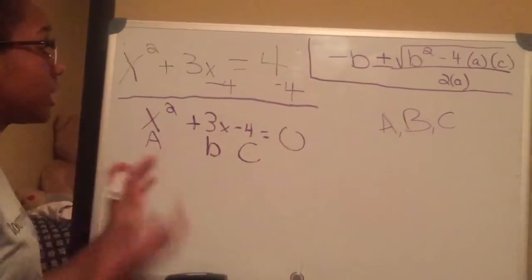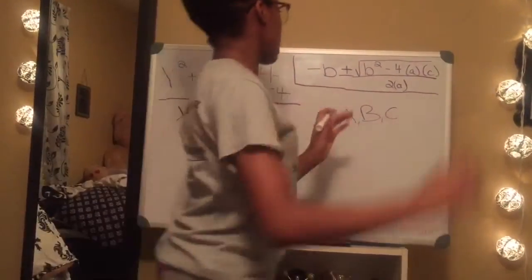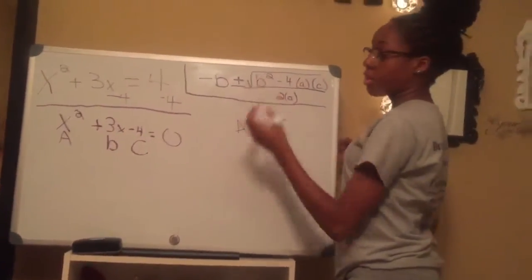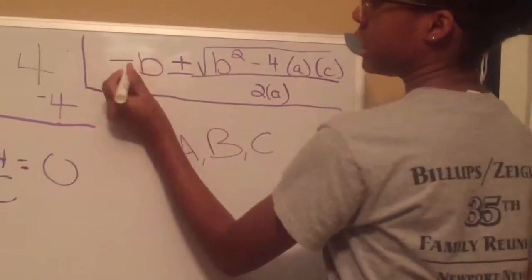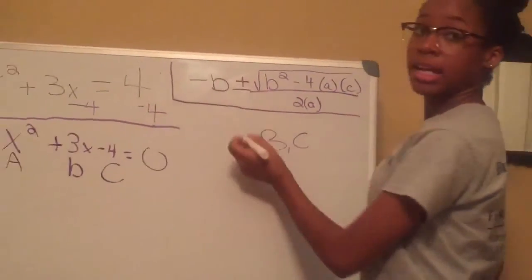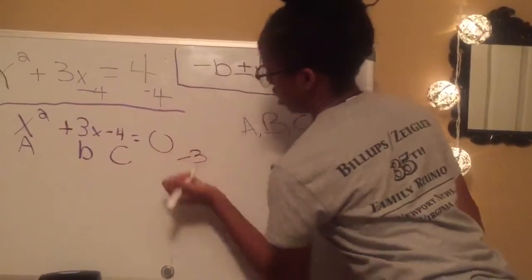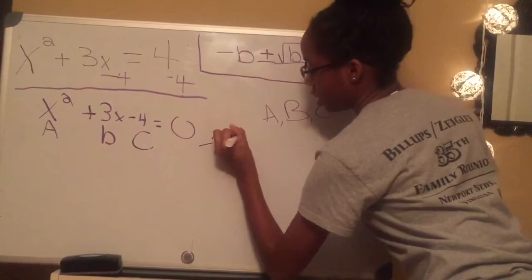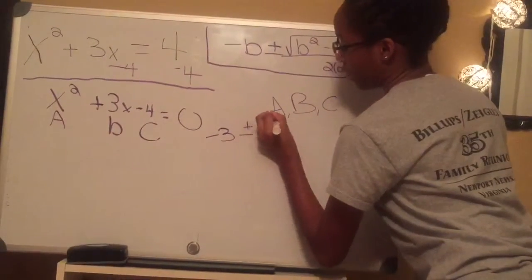So when you write this equation, you take these variables and put them into the formula. You'll take your B, and because there's a negative there, this will make it a -3. We have a plus or minus. Then you will write your square root sign.